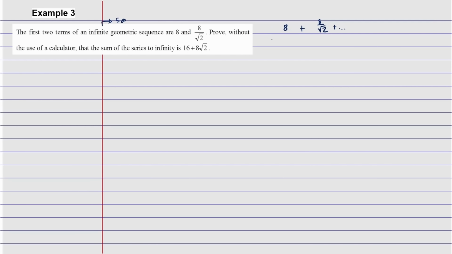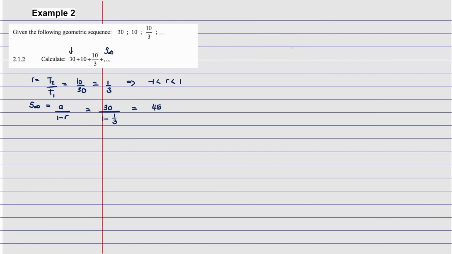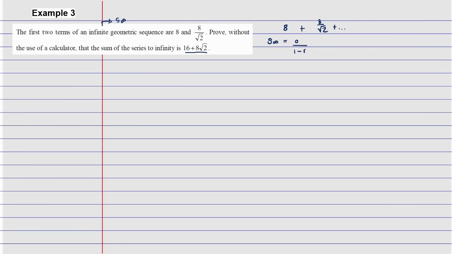So we need to calculate the sum to infinity, and it needs to come to this one. You know that the sum to infinity is equal to a divided by 1 minus r. Honestly, if they tell you to calculate the sum to infinity, chances are the series is convergent.